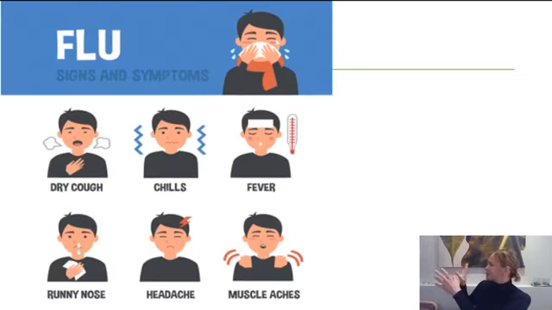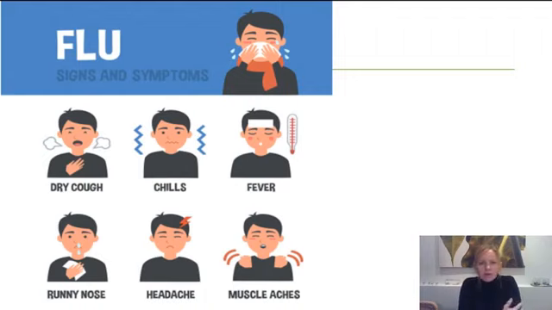Now, this is the picture I was telling you about. So here you've got all the examples of symptoms that you can have with the flu. So you can have sometimes a dry cough. So dry cough is when you really need to drink a lot of water because your throat is dry.